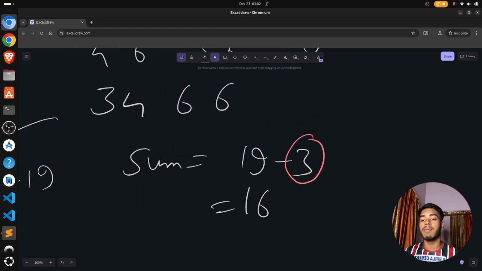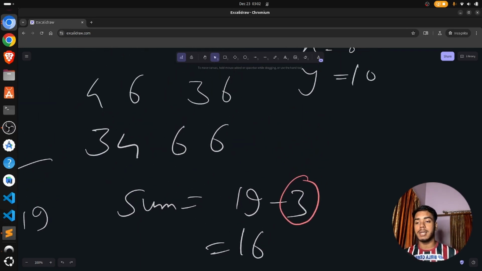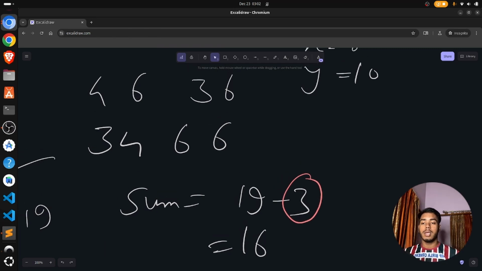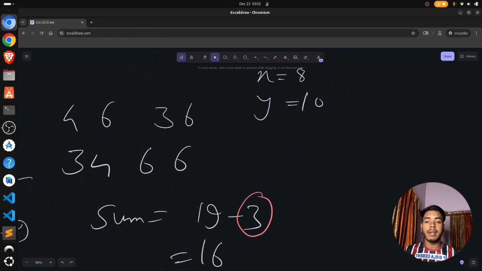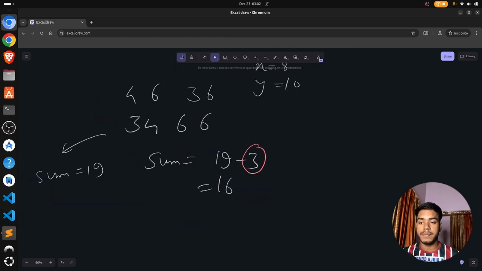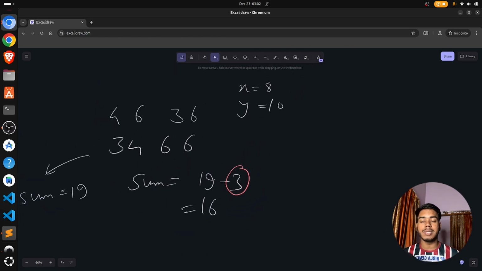How will you search for another element? It is 16, and you have to reduce something and take it into the range. Like your total sum is this, and after removing another element, your range will be something like this.